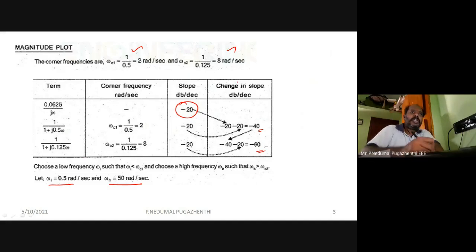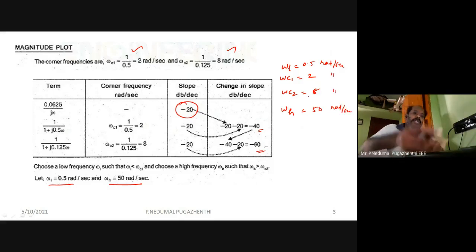Now my omega values are omega L is equal to 0.5, omega C1 is equal to 2, omega C2 is equal to 8 radians per second, and omega H is equal to 50 radians per second. Okay, right. So I will apply these omega values in my magnitude equations so that I get my magnitude values.